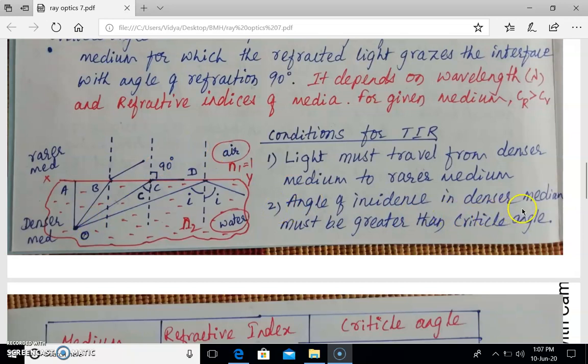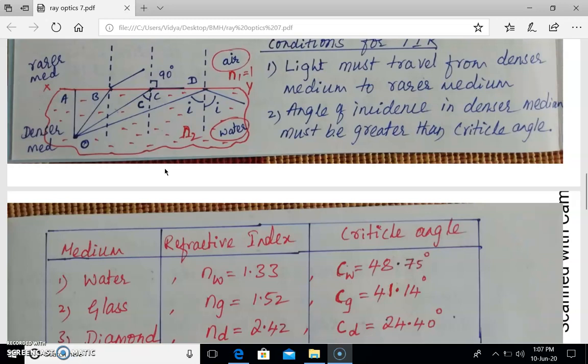Secondly, the angle of incidence in the denser medium, that is I, must be greater than the critical angle C. These are the two necessary conditions for light to suffer total internal reflection while traversing from denser medium to rarer medium.